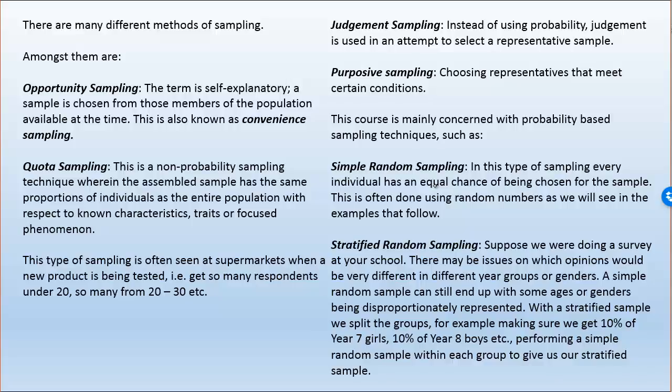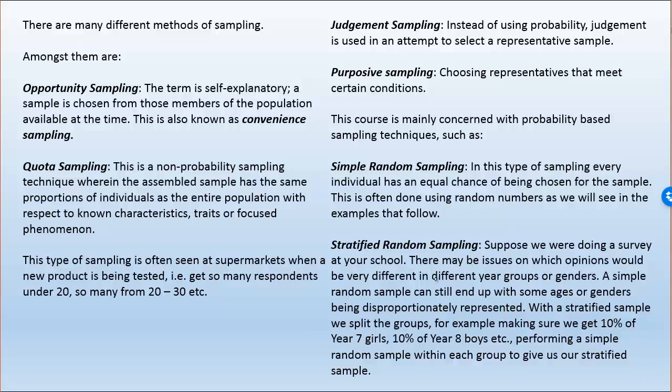Now, even though it's random, you might end up with a lot more Year 7s. And particularly, you might end up with a lot more Year 7 boys than other groups. And they might well have different opinions on certain things compared to older students and girls. Stratified random sampling attempts to reduce that possible source of bias.